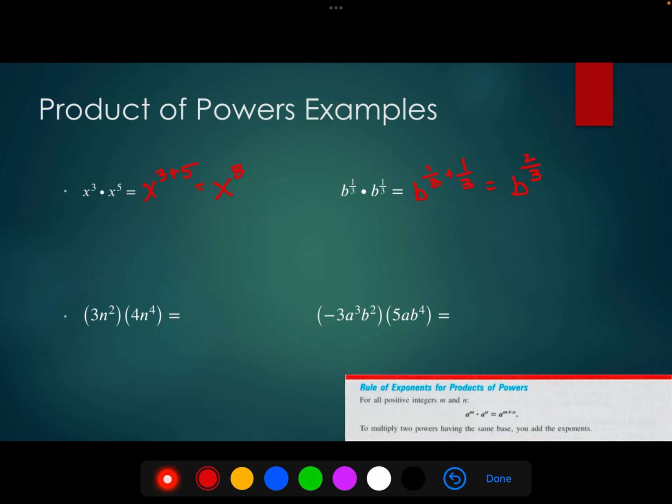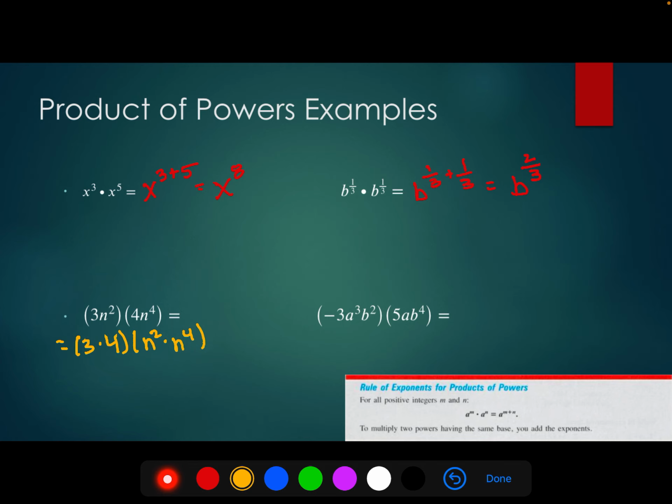Now let's take a look at two more examples. So here we have 3n squared times 4n to the 4th. Here our base is n for both terms. 3 and 4, those are our coefficients. So what we can do, we can rewrite this as 3 times 4 times n squared times n to the 4th.